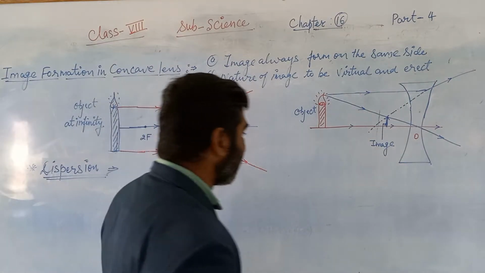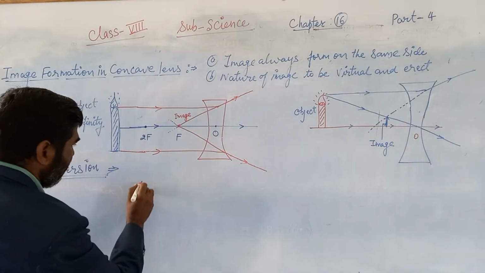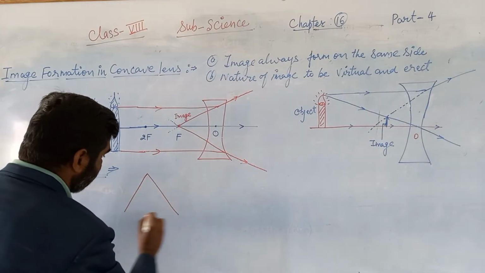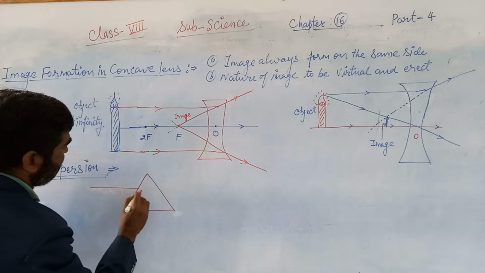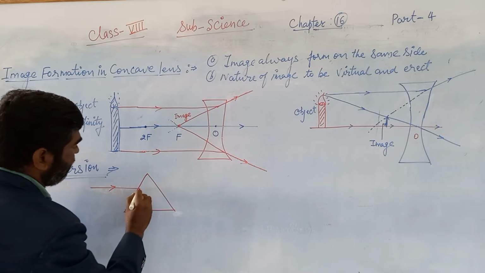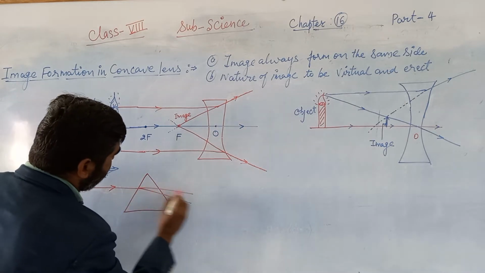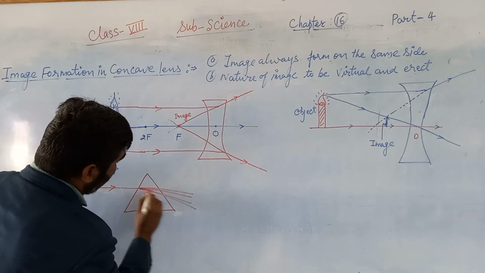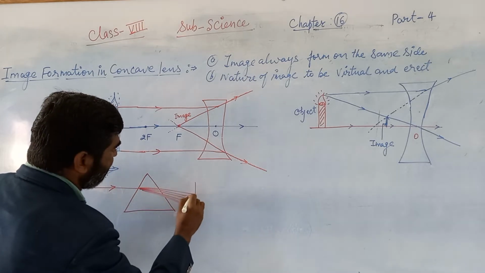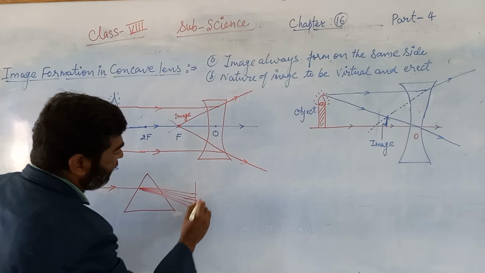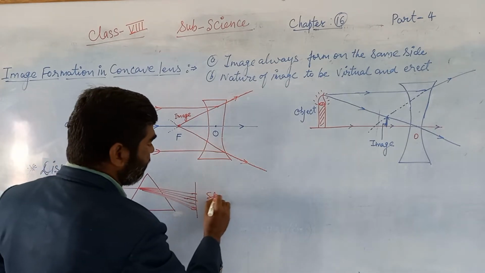This is the prism, and if we pass this light, it is split into 7 different colors. This band of 7 colors is called what? A spectrum.